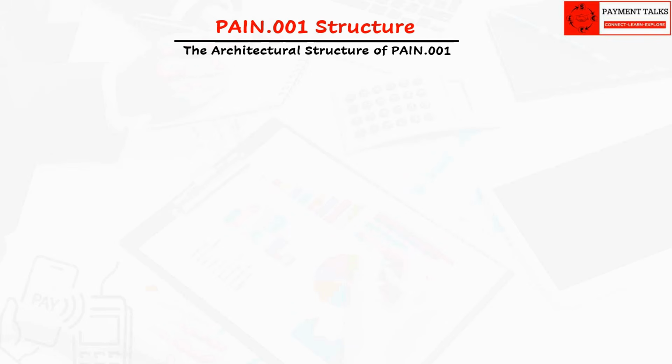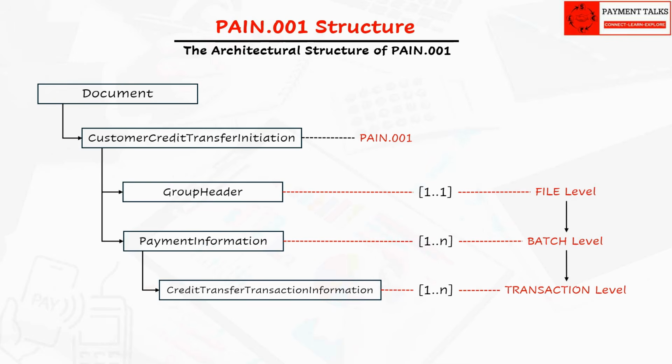Instead of flat tags and order dependent interpretation, ISO uses clear layers, logical grouping, strong validation and repeatable blocks. So PAIN.001 is not just an XML file. It's actually a mini payment system model inside a message. At the highest level, PAIN.001 follows a 3-layer hierarchy. Let's understand what each layer means.